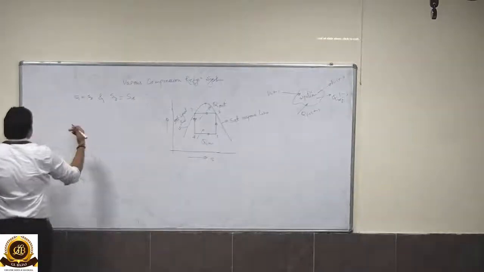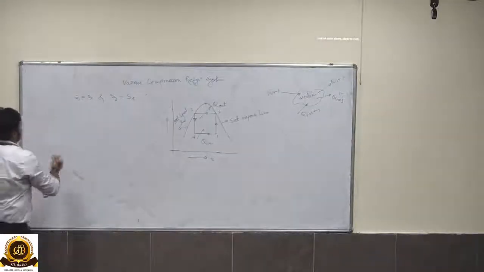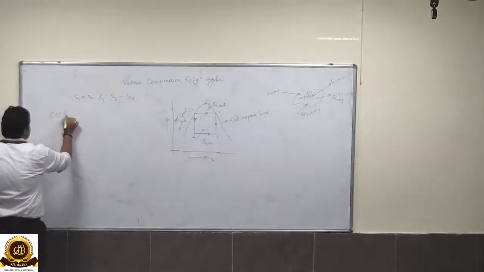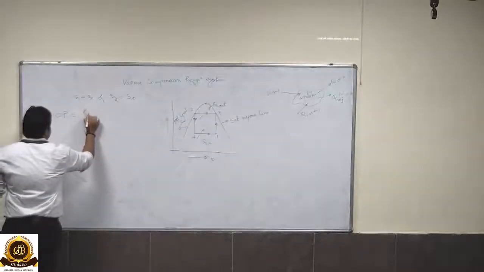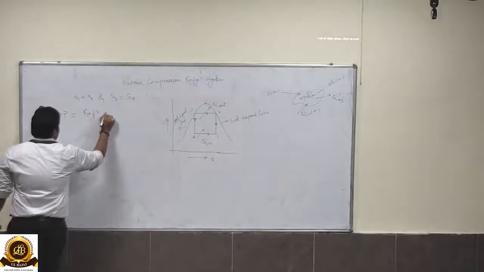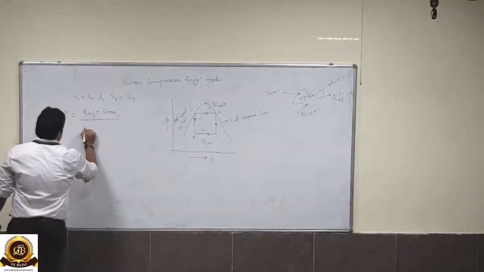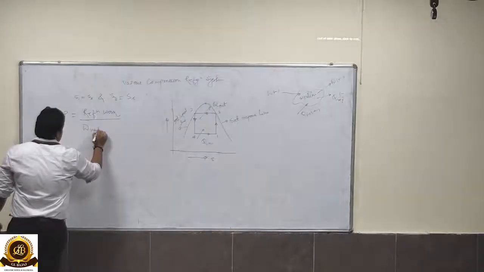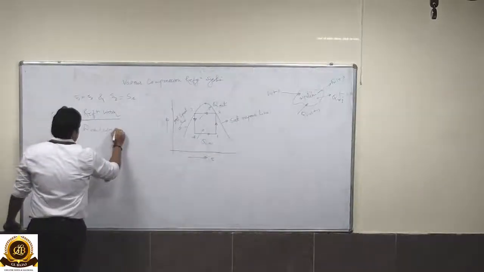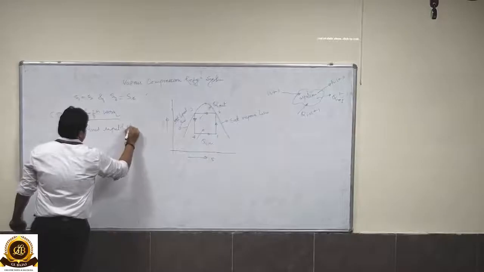So we can reach a conclusion that the COP of any refrigeration system is represented as refrigeration work divided by the net work input to the system.